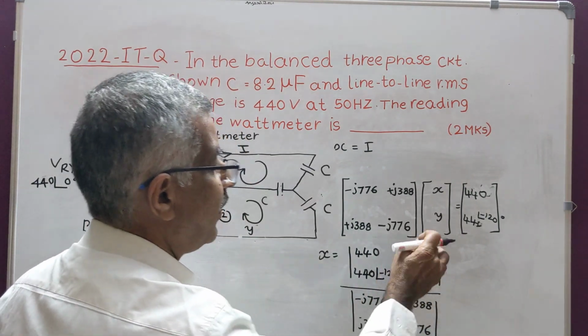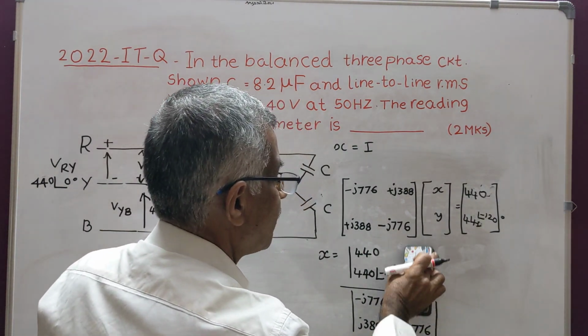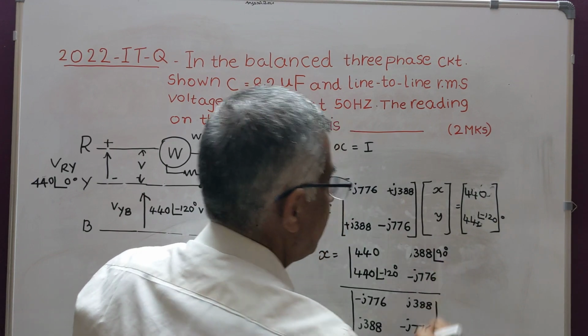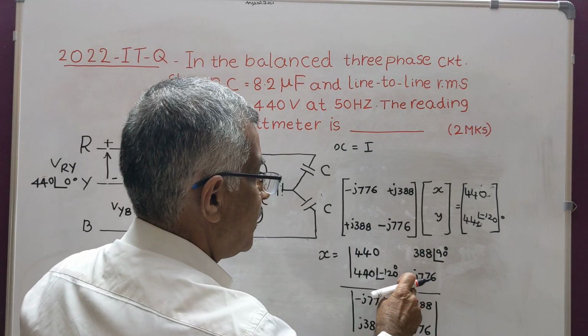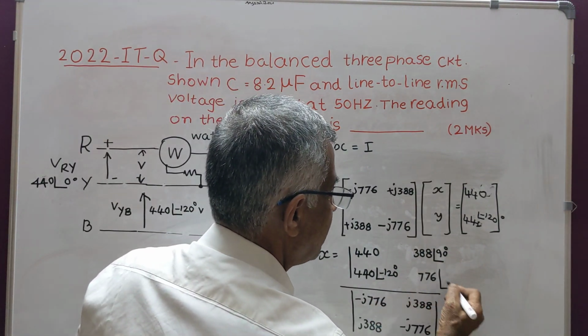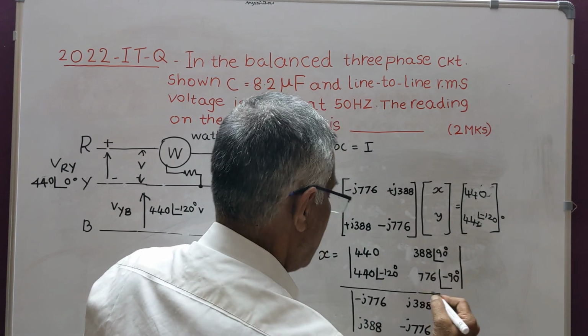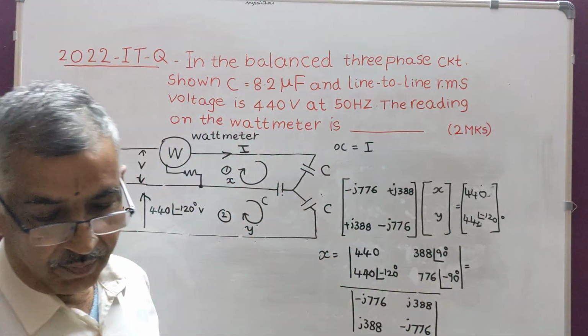So J388 becomes 388 angle 90 degrees, because J corresponds to 90 degrees. Next, minus J776 becomes 776 angle minus 90 degrees. Now you have to calculate x.